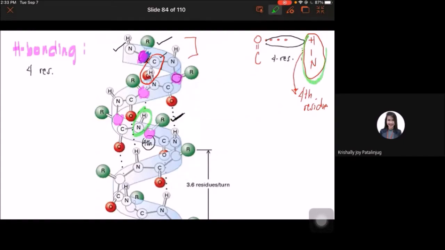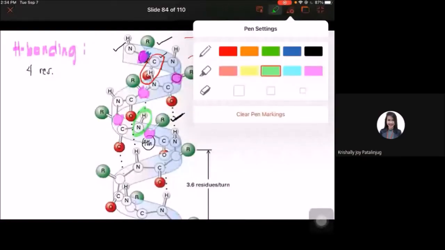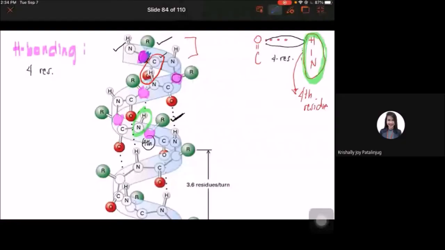Yung pang-apat na residue na yan, siya yung magiging source ng amide NH, yung amide hydrogen to be particular. Dito mabubuo ngayon yung hydrogen bonding between this electronegative atom sa starting point, towards hydrogen atom.